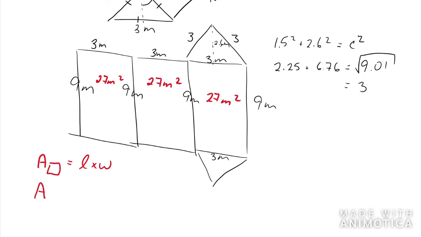For a triangle, it's a little bit different. Its base, which is the length along the bottom of the triangle, times height, which is the height of the triangle, but then it's divided by 2. So for us, our two triangles are going to be 2.6 times 3 divided by 2.